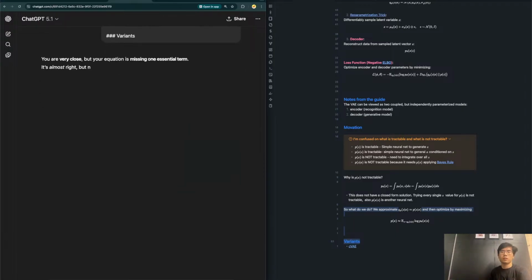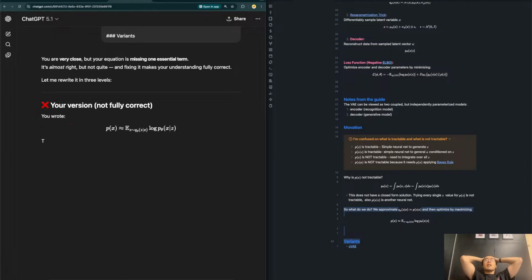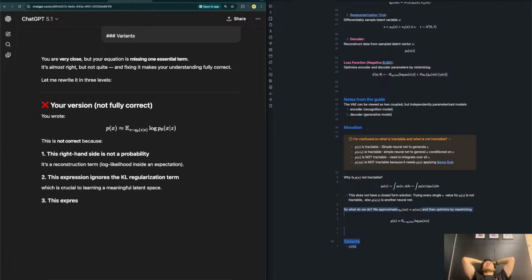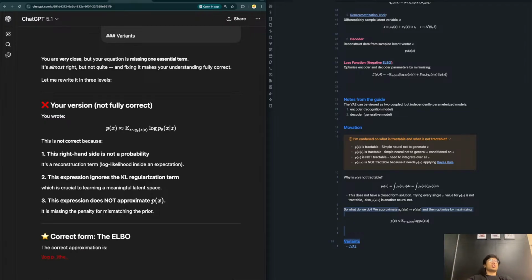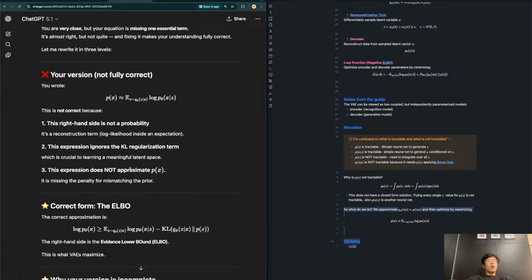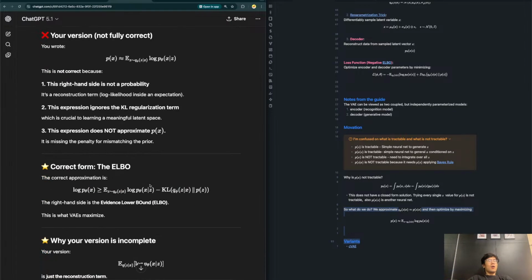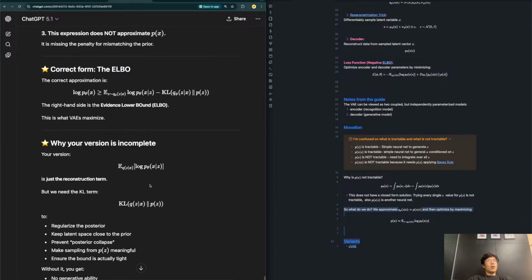So annoying. I know there's a KL divergence which is used as a regularization. I'm just trying to understand how you derive this. I'm trying to intuit this.